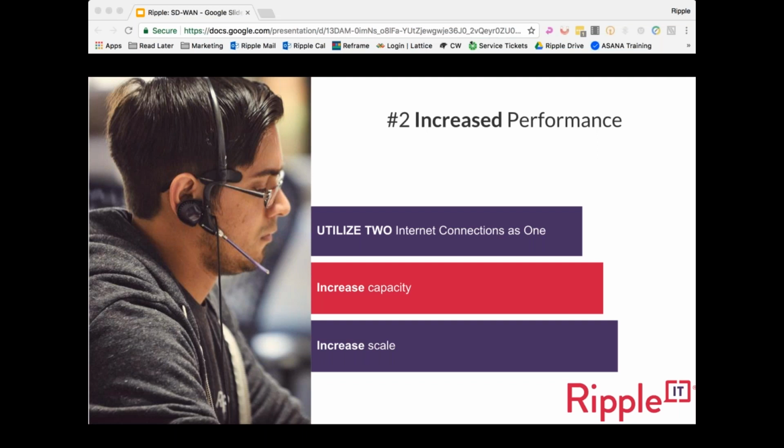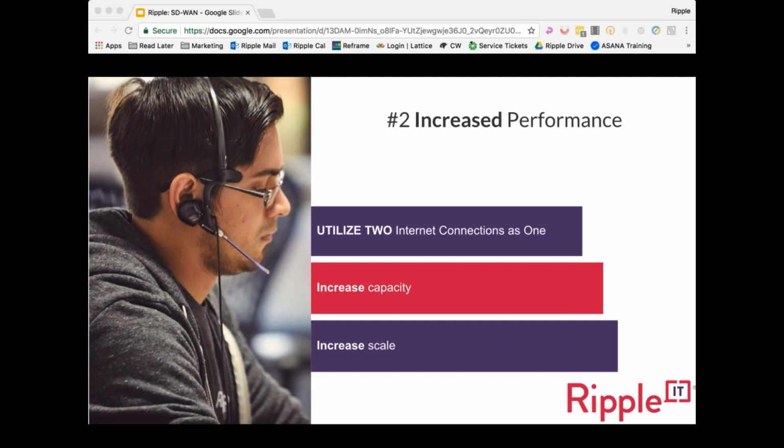If the error correction and the jitter buffering are not able to correct that line, you have a second source, and it's steering the packets down the second source. So now it's making the intelligent decision about the two. That really starts to drive home how this can become mission critical.